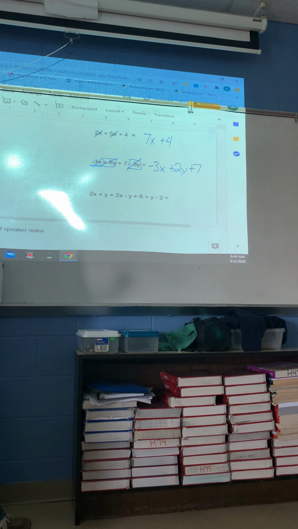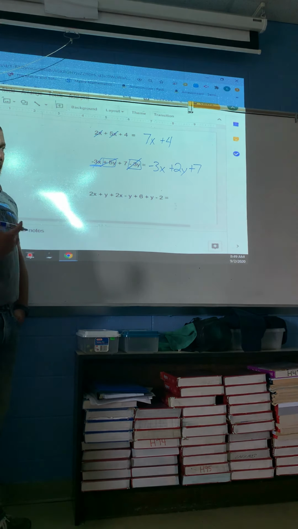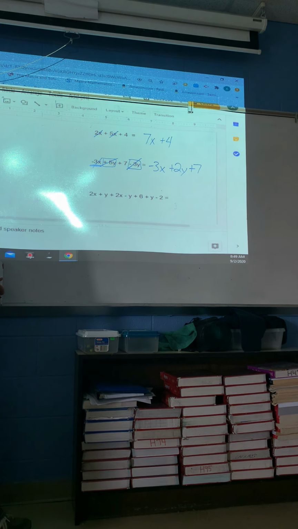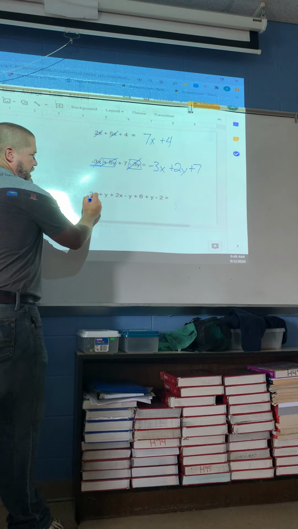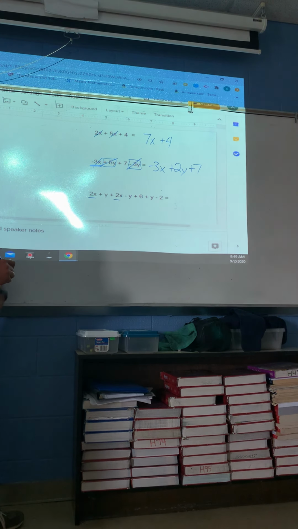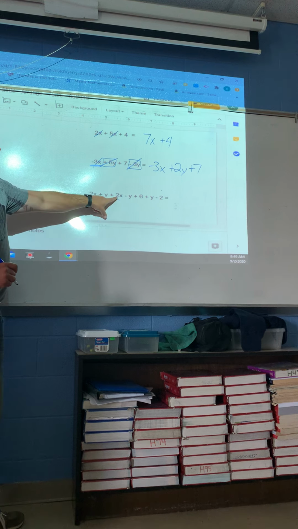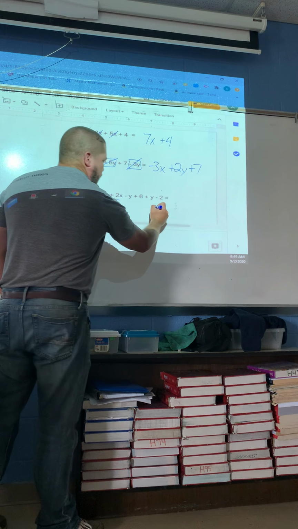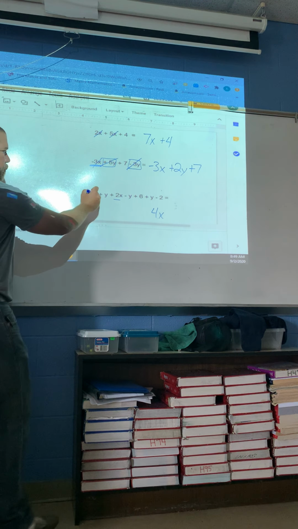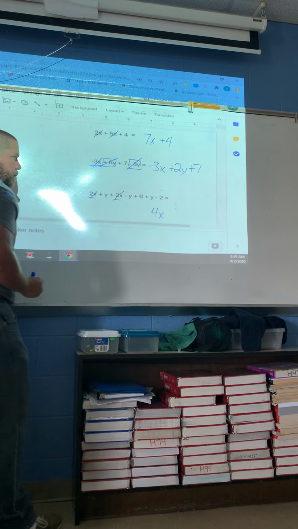All right, and the last one looks like a lot of numbers, a lot of variables. So we're going to mark it like we did on the previous one. I'm going to underline everything with an X. There's only 2 of them. So we have a +2 and a +2. It's 4X. So once again, we're just counting the total number of X's.